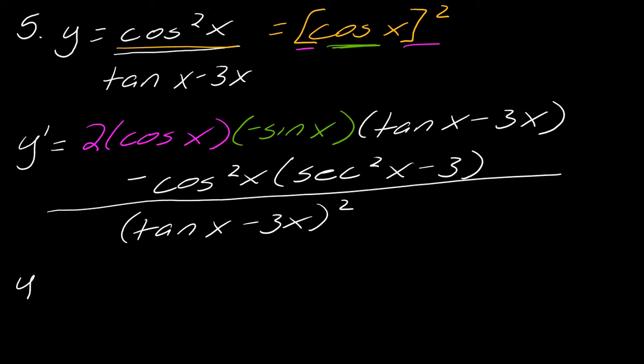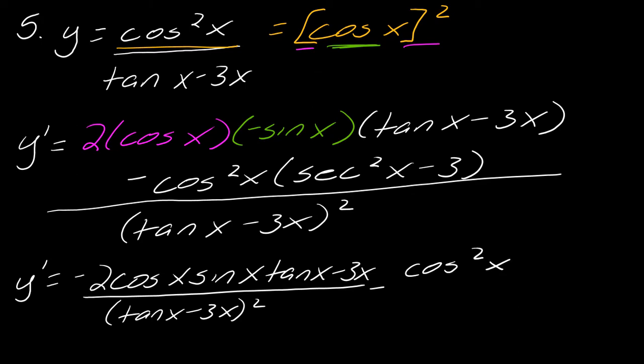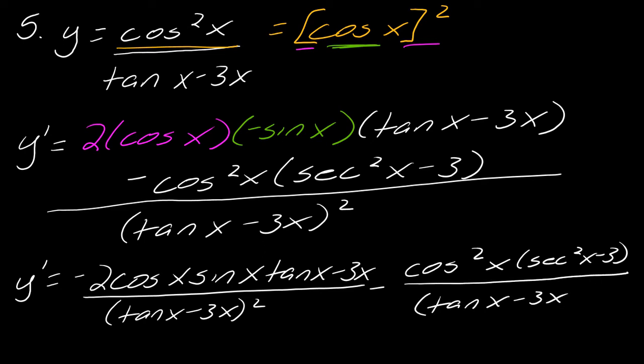All right, so if I wanted to break this up into pieces, what I could do is this would be negative 2 cosine x sine x tangent x minus 3x. So this would go over that denominator of tangent x minus 3x squared, and then I've got cosine squared x secant squared x minus 3 over tangent x minus 3x and then squared.